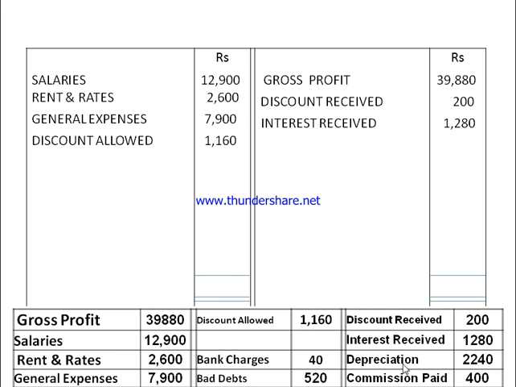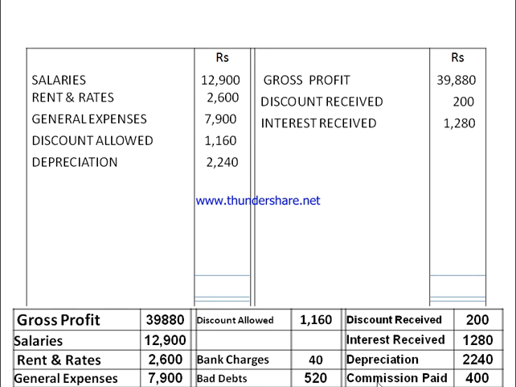Next one is depreciation. Depreciation is our expense, so it will be recorded on the debit side of the profit and loss account, as all expenses are recorded over here on the debit side. Next is commission paid.